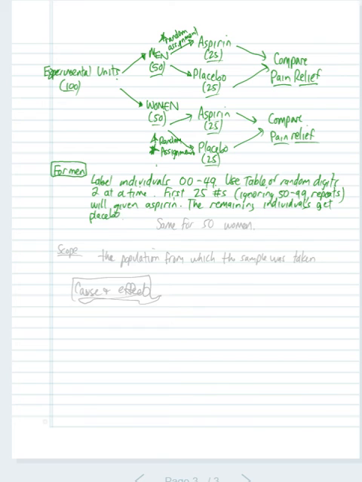Now this is how we would randomly assign the 50 men into the two treatment groups. Of course, we would do the same for the 50 women. You do not have to describe it a second time. Okay, on the AP exam, describing it once is enough.